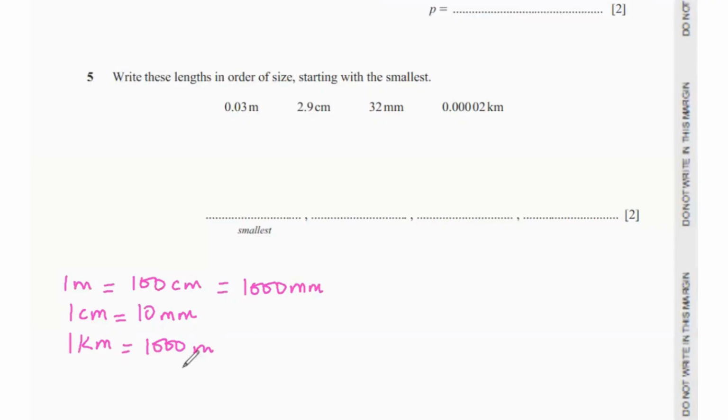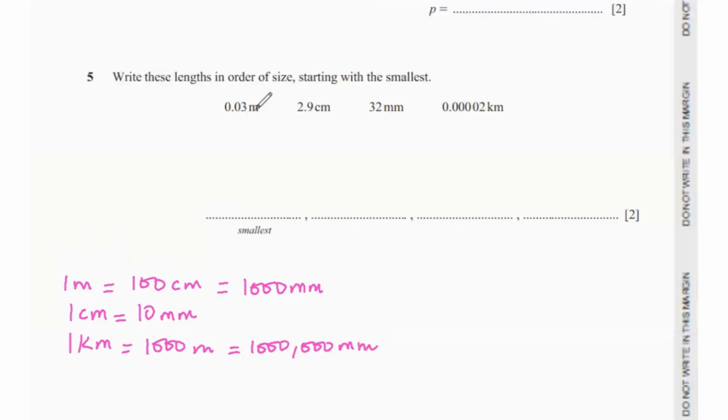And since 1 kilometer is 1000 meters, we will do 1000 times 100 times 10, which is 1 million millimeters. So now we know that 1 meter equals 1000 millimeters and 1 kilometer equals 1,000,000 millimeters.